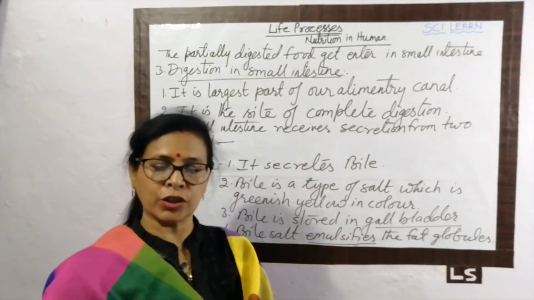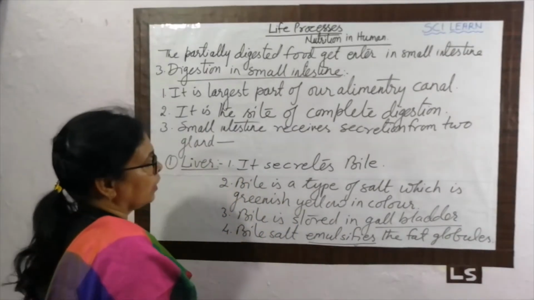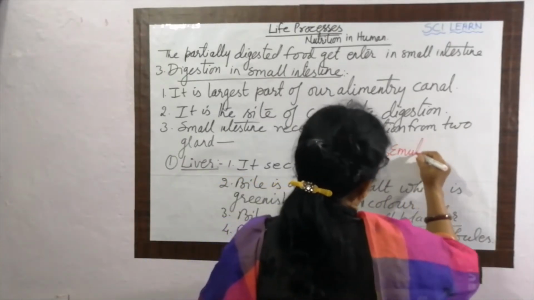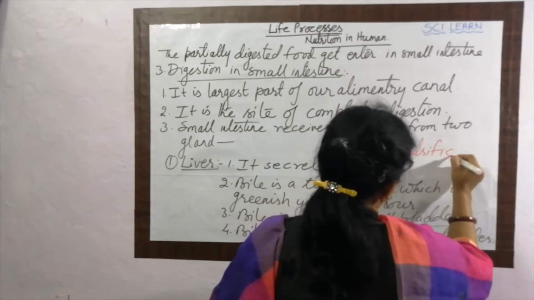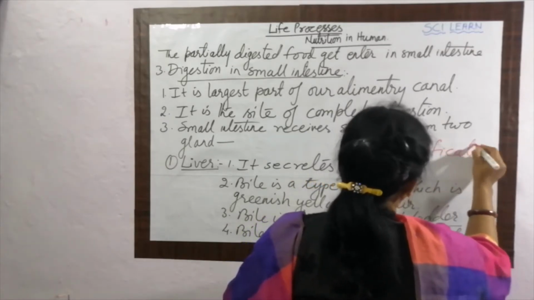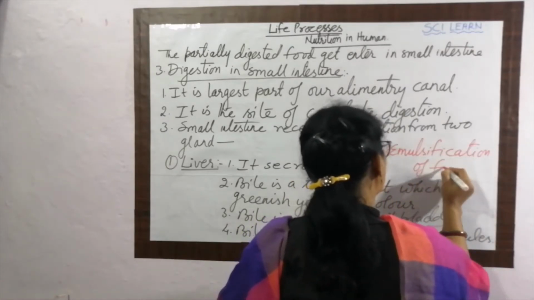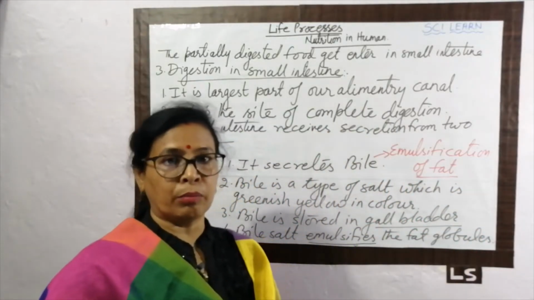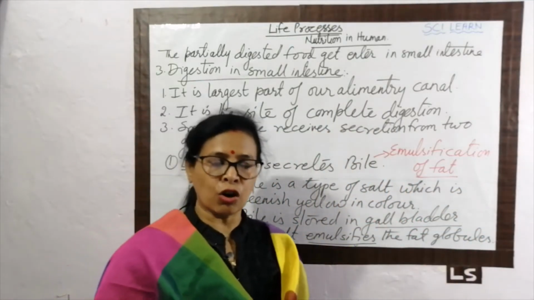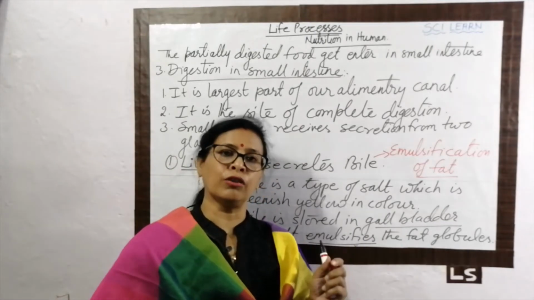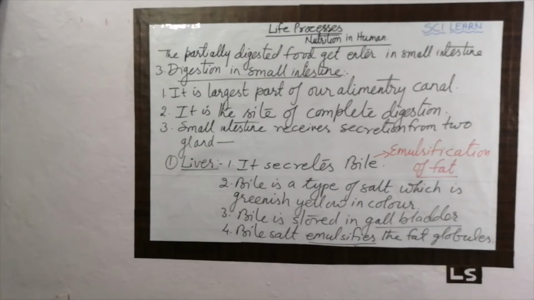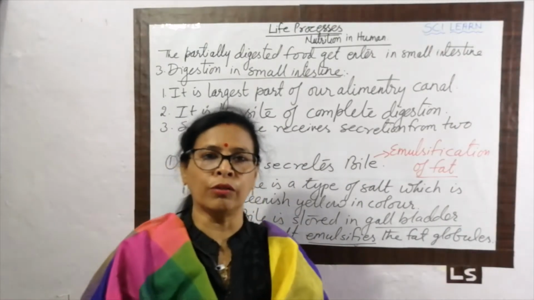Emulsification of fat. What is the meaning of emulsification of fat? It means bile breaks down the strong molecules of fat into small globules, small parts. Okay, that is the role of the bile.